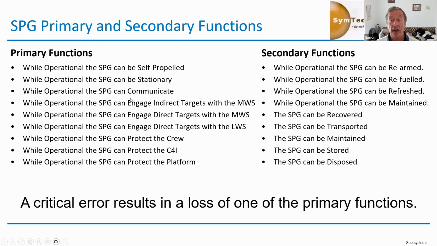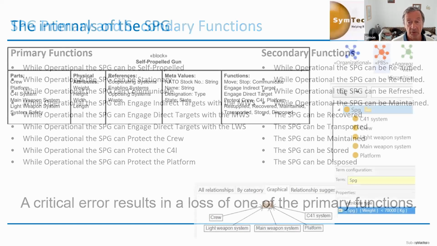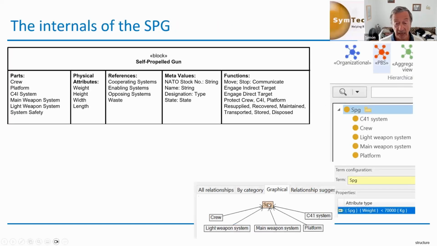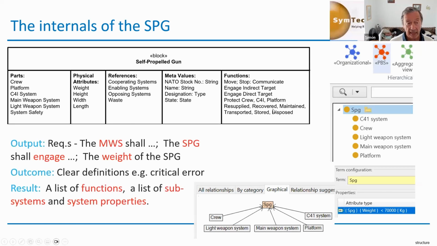So having got the system defined, we can now look at subsystems. The subsystems of the SPG diagram in the knowledge base are the crew, the platform, the C4I system, main weapon, light weapon, and safety systems. We could also add physical attributes like weight and height, referencing cooperating systems, and all the functions. And this allowed us to then drive our requirements expression from the internals.